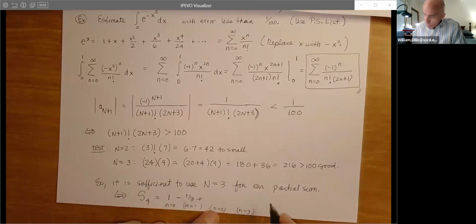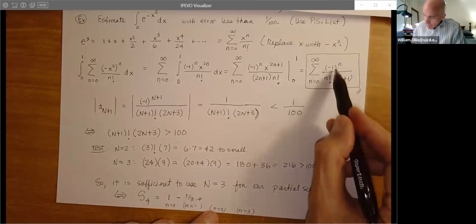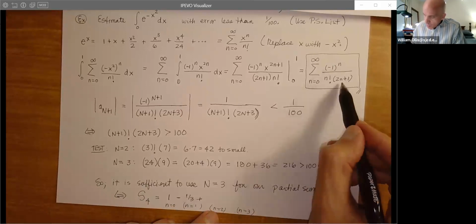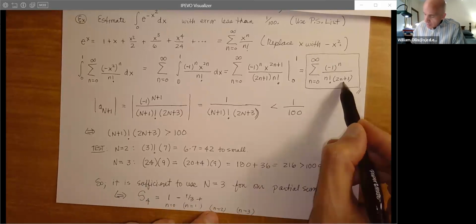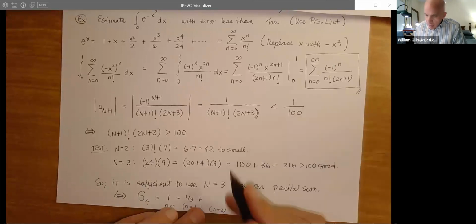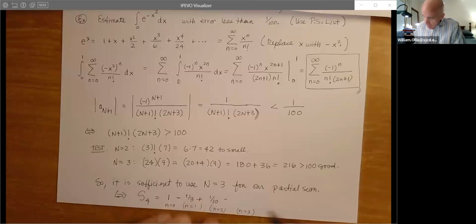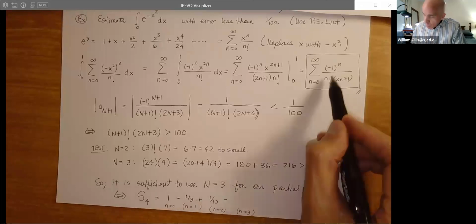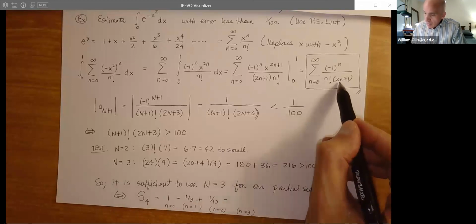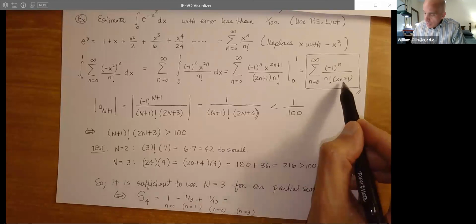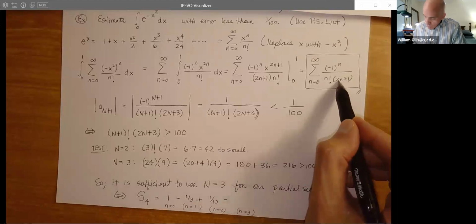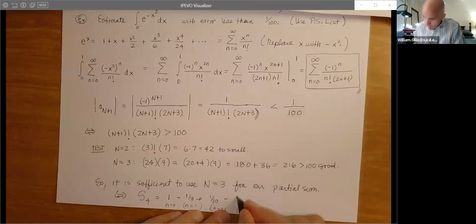Then for n equals 2, we've got plus 2 times, in this case, 5, so that's 1/10. And then for the 3, we get a negative. We've got 3 factorial, which is 6, and then 6 plus 1 is 7, so 1/42. So this would be sufficient.